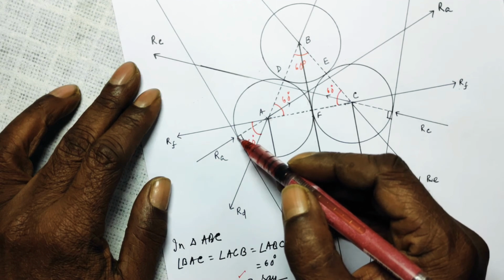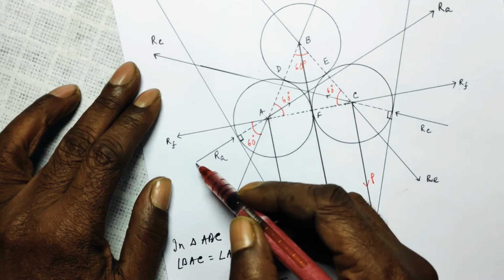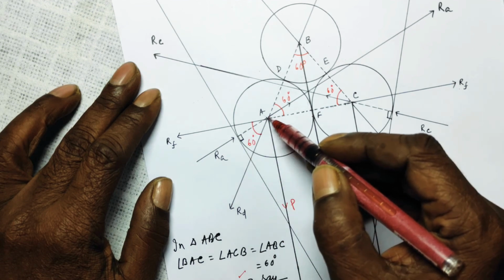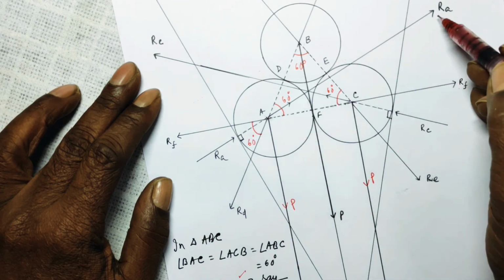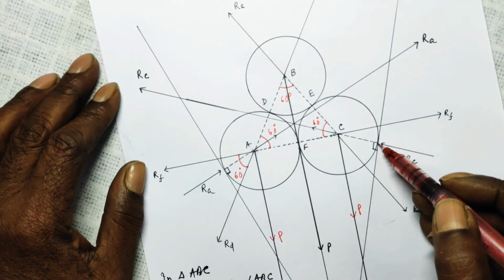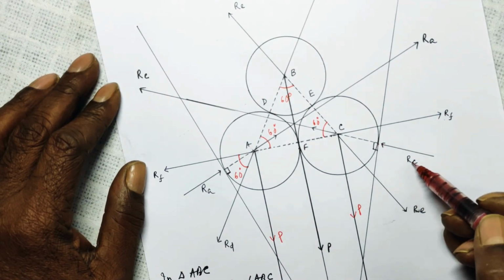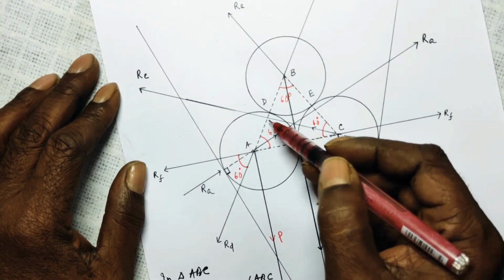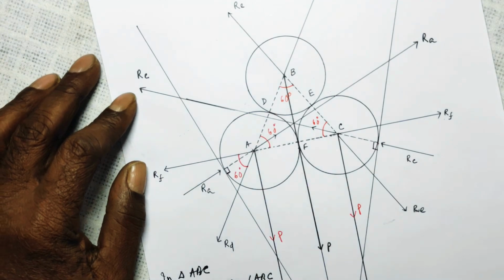Now here for the cylinder A, this is the reaction force RA, which I have extended. It will pass through the center A. I have shown it here. Similarly, for this cylinder, at this point of contact, the reaction force is RC. This is the line of action of RC, which I have shown here.